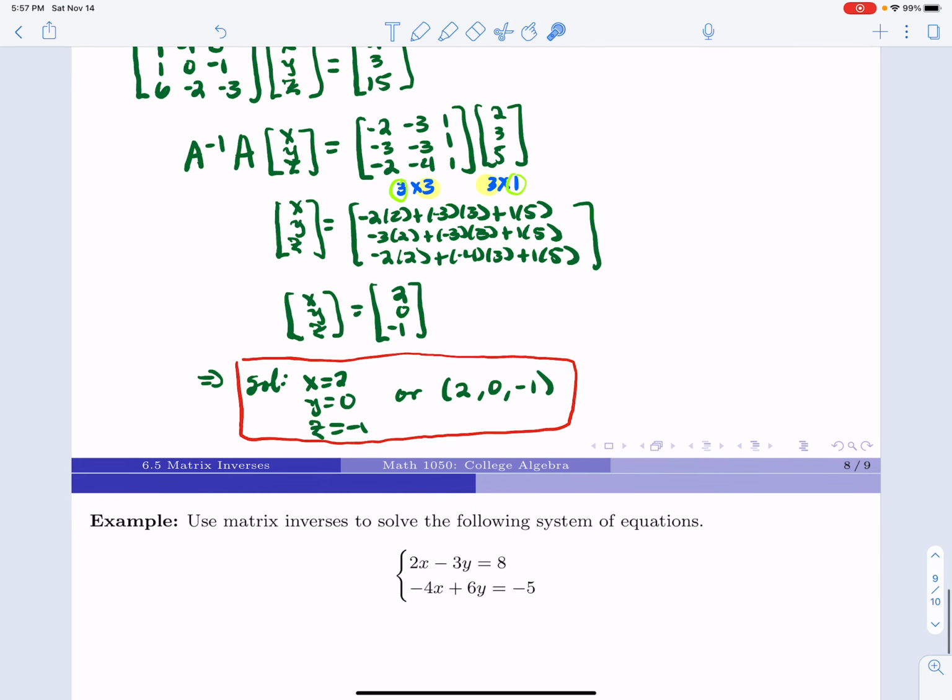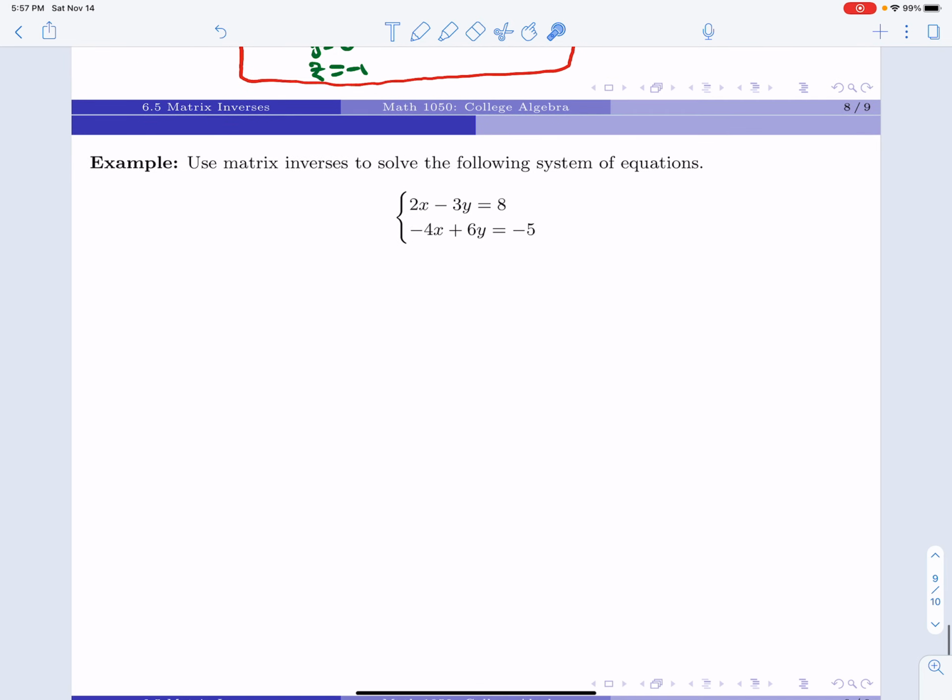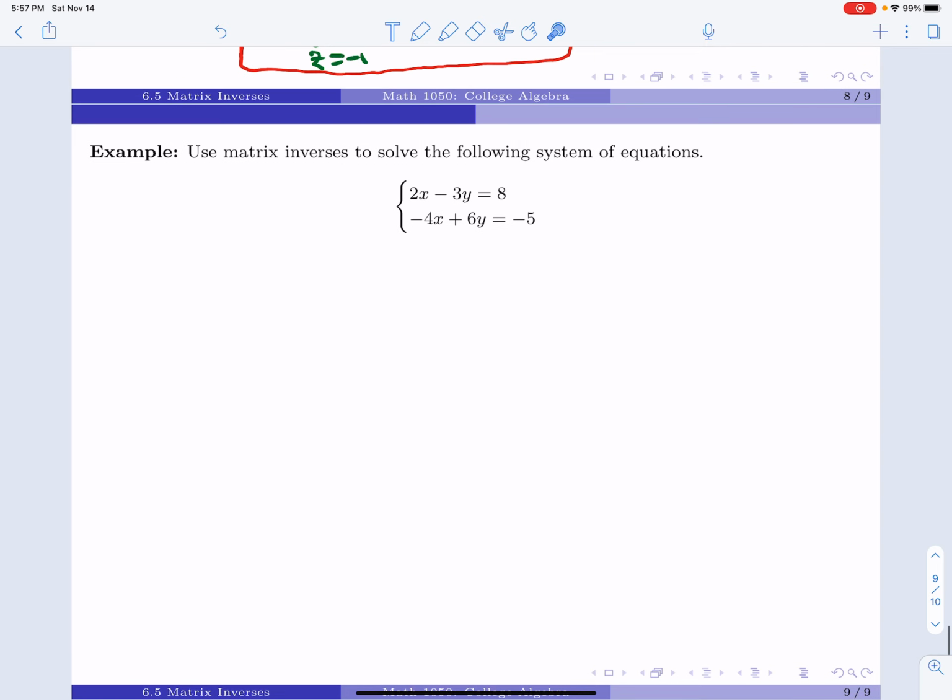Okay, so finally, our last example: use matrix inverses to solve the following systems of equations. So once again, if we're going to use matrix inverses, we need to rewrite this system of equations as a matrix equation. Our coefficient matrix is 2, -3, -4, 6.